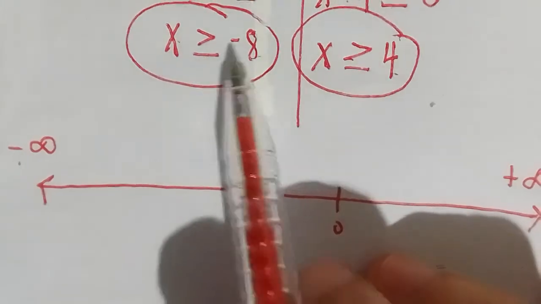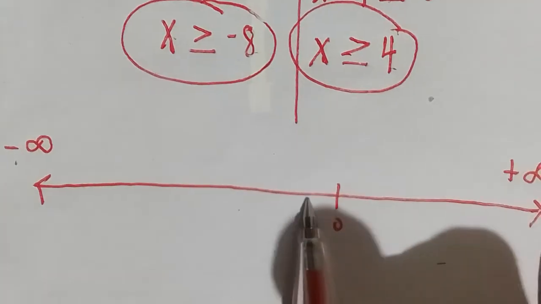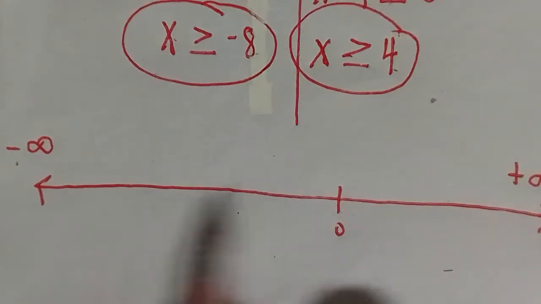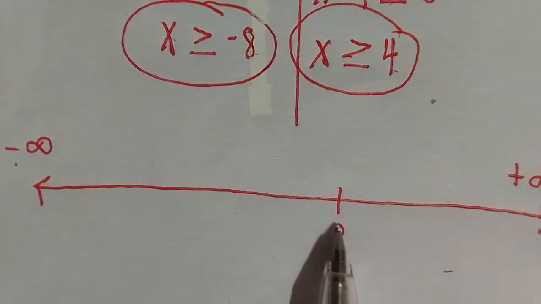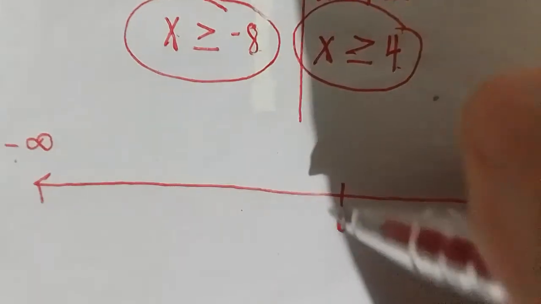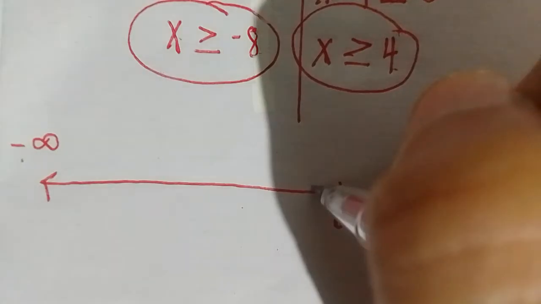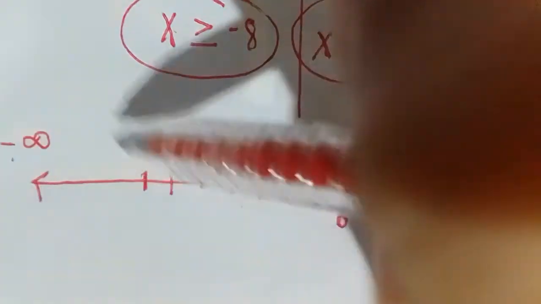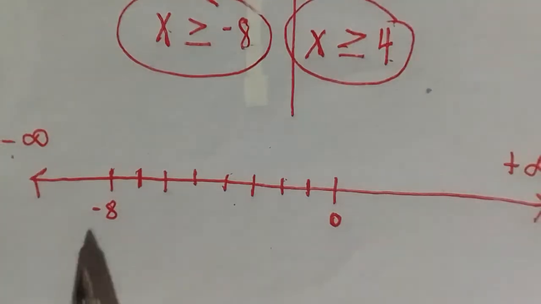Negative 8 should be present on the number line. Since it is negative, it should be on the left side of the number line, with 0 in the middle. So I put negative 8. I count by 1: 1, 2, negative 3, negative 4, negative 5, negative 6, negative 7, negative 8. So negative 8 is now present.